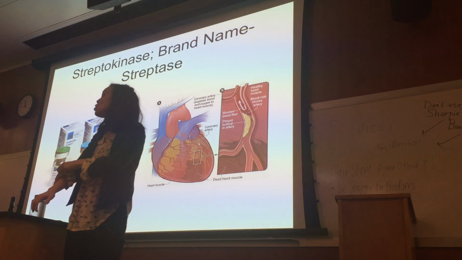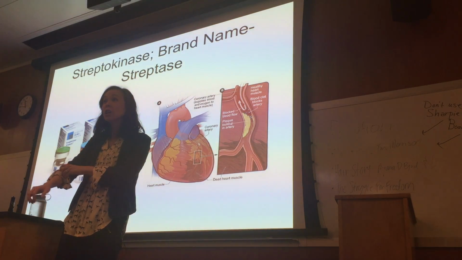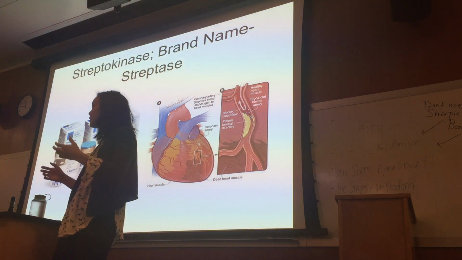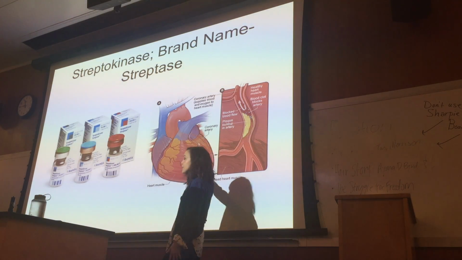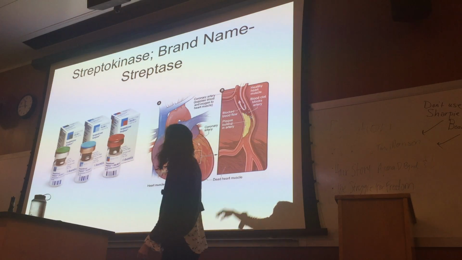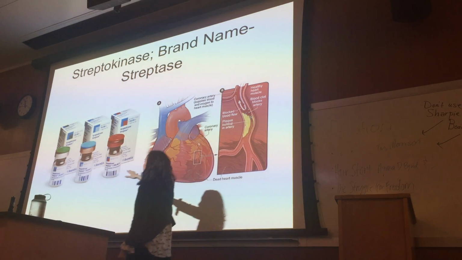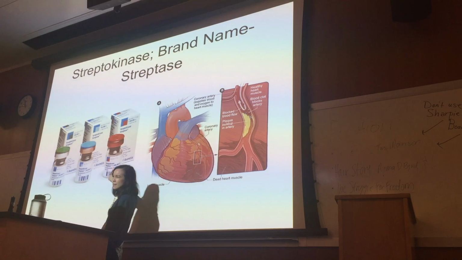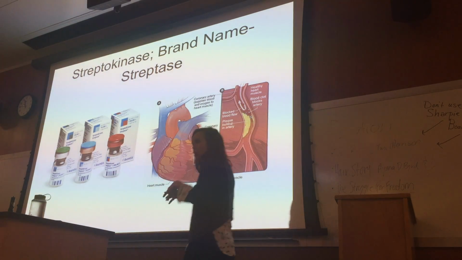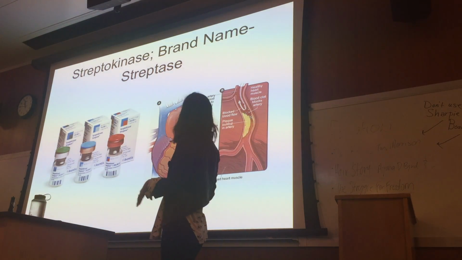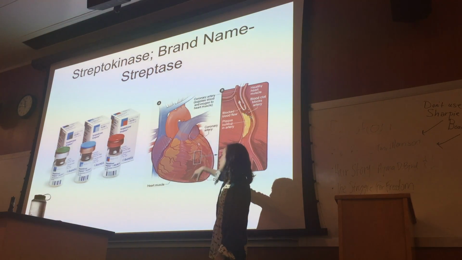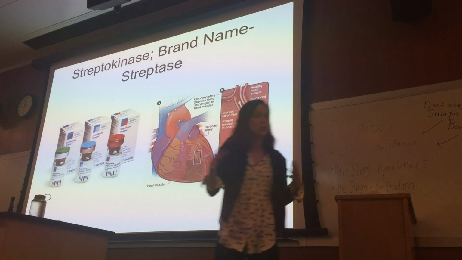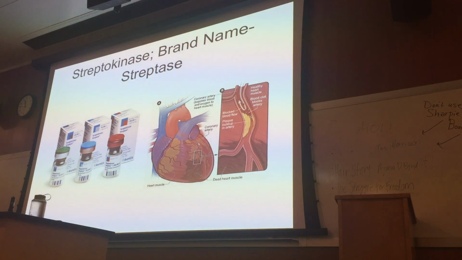Somebody who might have a blockage in a blood vessel, that might put them at risk for heart damage or heart attack, you can actually give them a kinase enzyme intravenously to help break down that clot. So it's nice. It's a good application of the extracellular enzyme, the kinases.